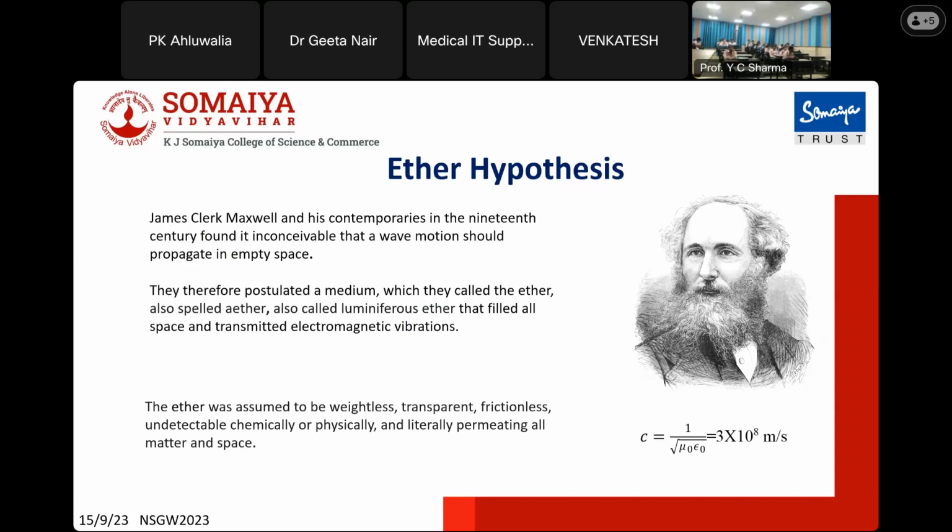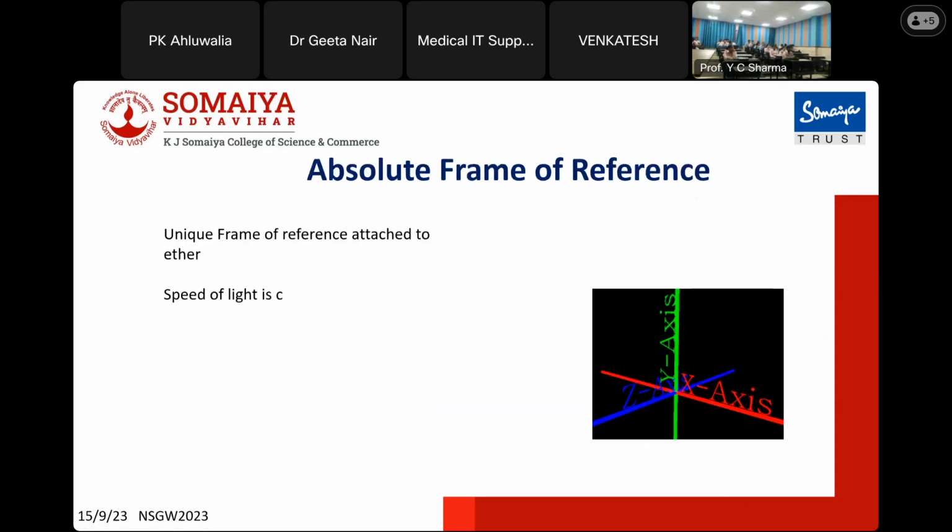So the speed of light or electromagnetic waves was calculated to be 3 × 10^8 meters per second at this stage. So it was assumed that there is a unique frame of reference attached to ether, and the speed of light is c with respect to this frame. So there was a growing interest and need to experimentally verify whether such an absolute frame of reference exists or not.